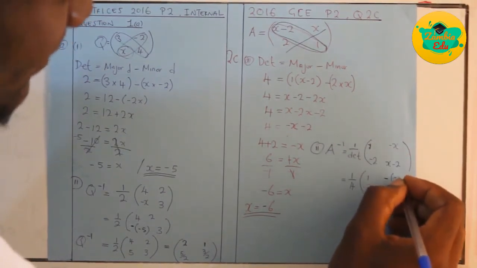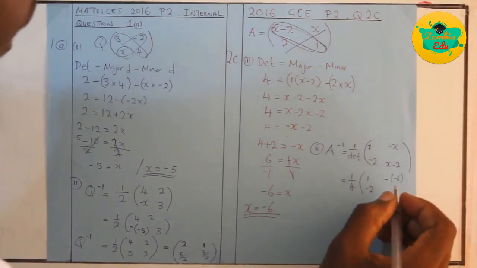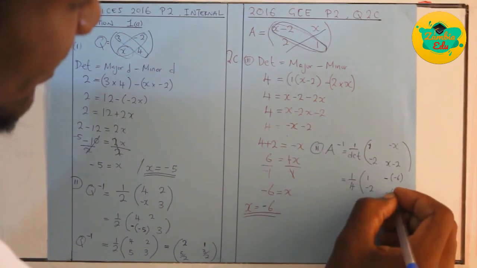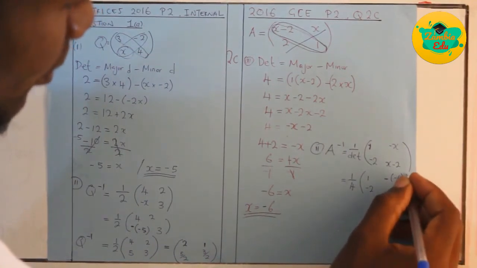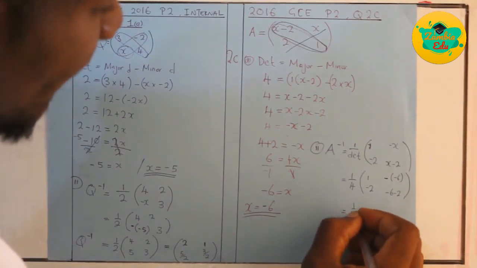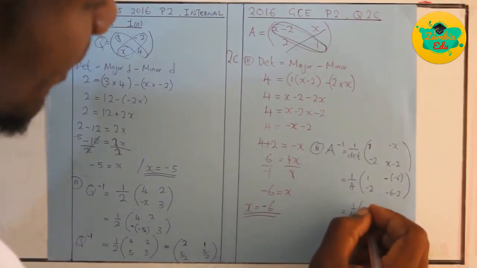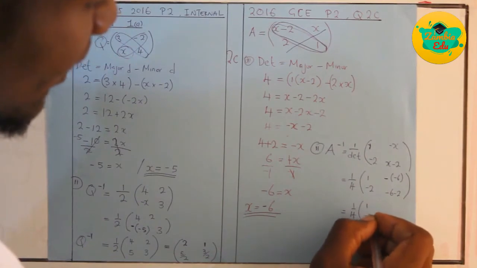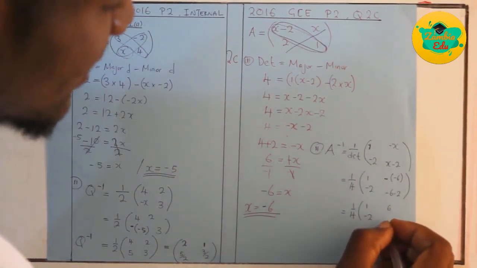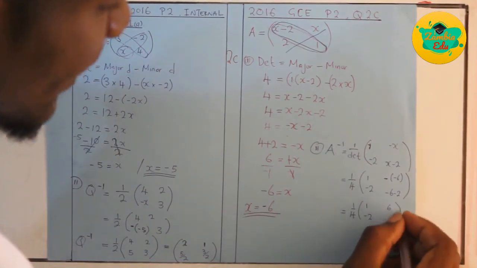X has a negative also. And then you do the same there. That's negative 6 minus 2, which will be equal to 1 over 4, open brackets, 1, negative 2, negative times negative, that's a positive 6, and we have a negative 8.